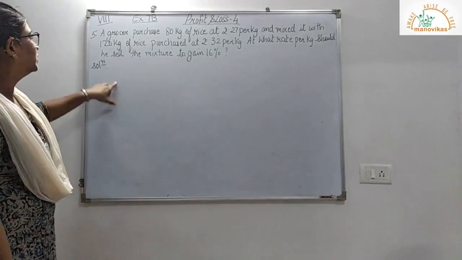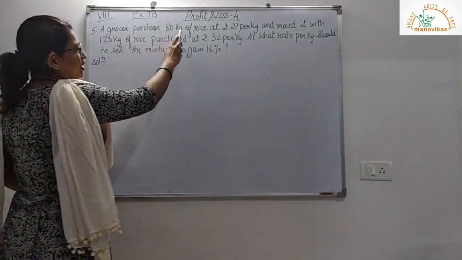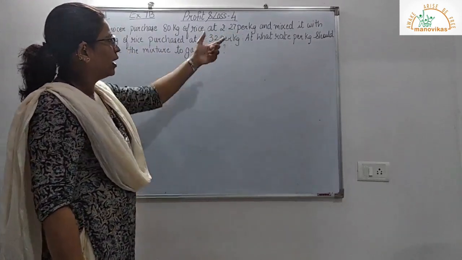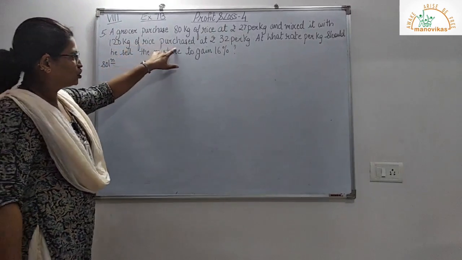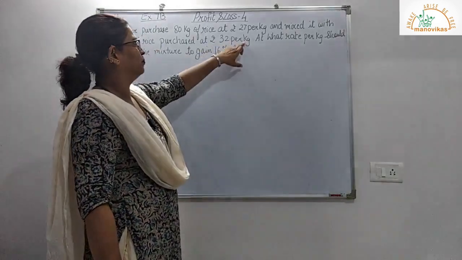We continue with sum number 5. A grocer purchased 80 kg of rice at rupees 27 per kg and mixed it with 120 kg of rice purchased at rupees 32 per kg, right?